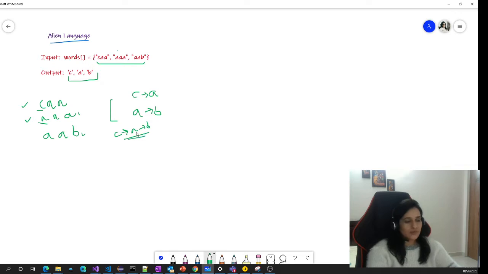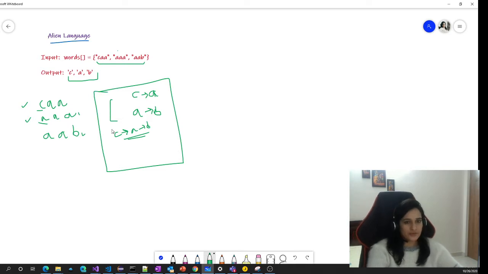Now what we have to do is write an algorithm to find out the order of characters. Let's think about the information we have in this question. We are given a set of words and we have to find the connection of the characters in those words.